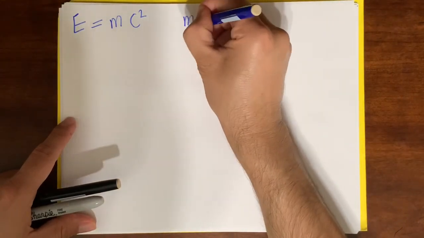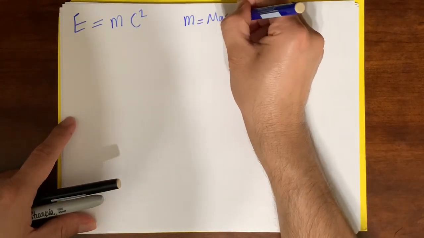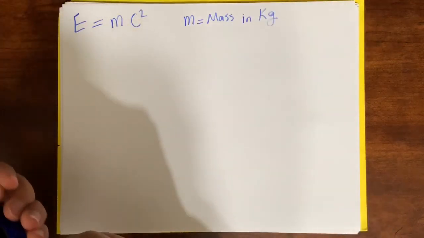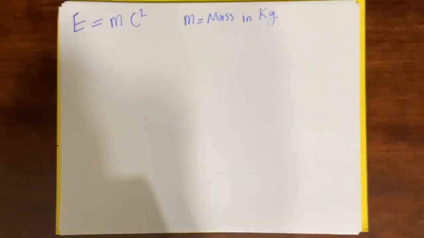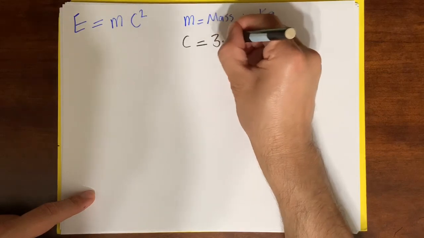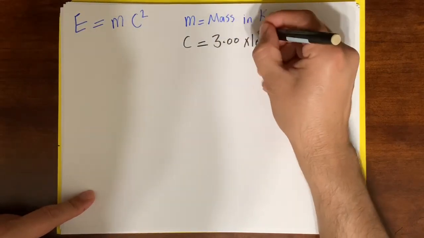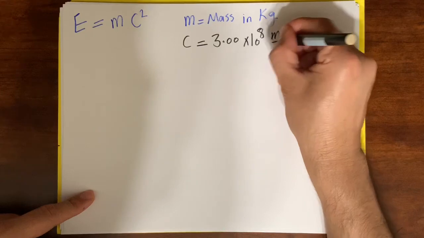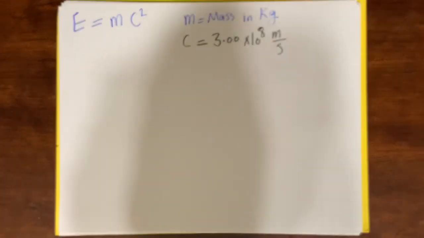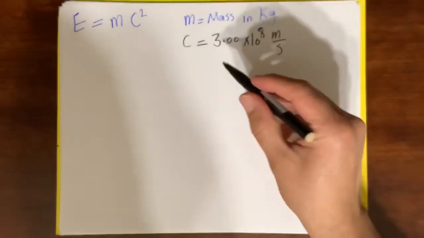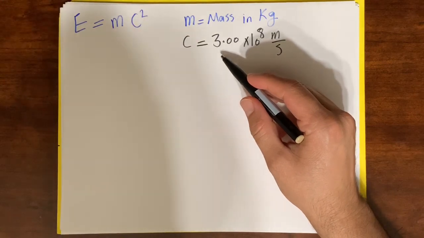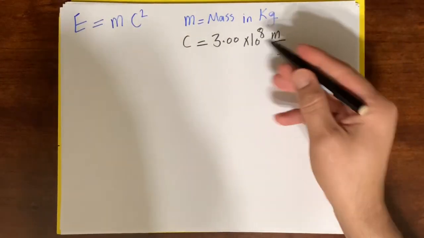So m is mass in kilogram, and c is the velocity of light, and it has unit of meter over second. Or if you want to use a precise number, it will be 2.9979 multiplied by 10 to the power of 8. If you round it, it's 3.